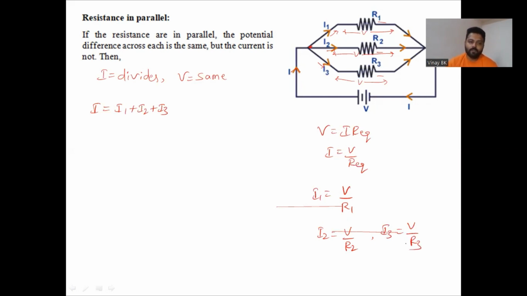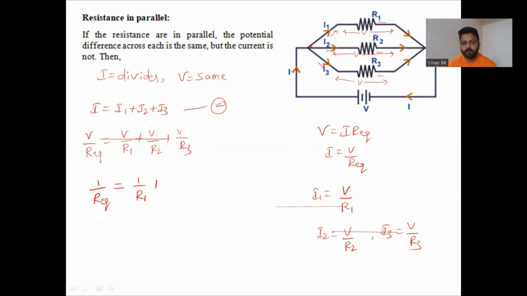Substitute these values into equation A, you get V divided by R equivalent equals V divided by R1 plus V divided by R2 plus V divided by R3. By taking voltage as common, you get 1 by R equivalent equals 1 by R1 plus 1 by R2 plus 1 by R3. So this is the equivalent value of resistance for 3 resistances connected in parallel.